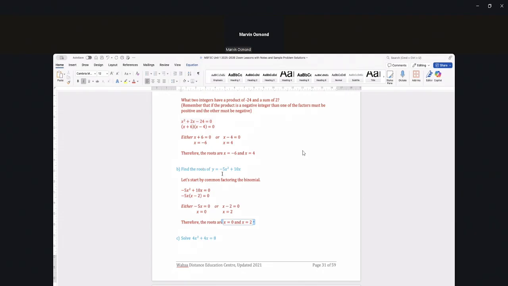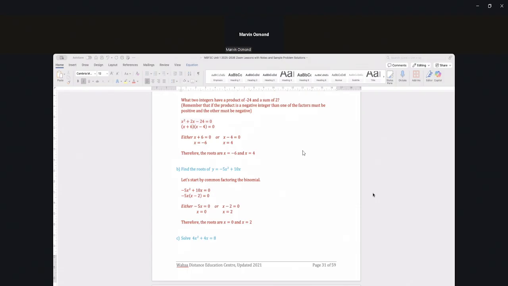So minus 5x squared plus 10x. Let's get rid of this here. We'll go y equals negative 5x squared plus 10x. That's the original one.